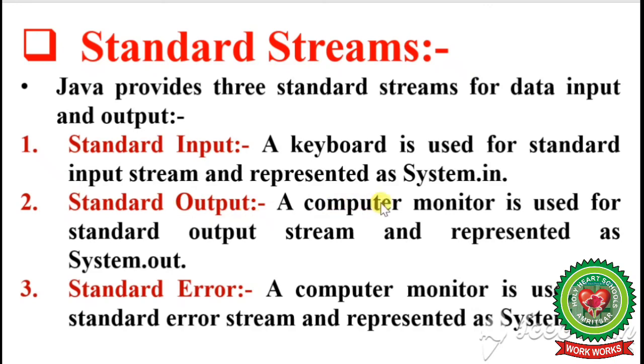A computer monitor is used for the standard output stream and represented as System.out, as you write in your Java program, System.out.println. So here System.out is the standard output stream. The third one is standard error. A computer monitor is used for the standard error stream and is represented as System.err. This is related to the error class.